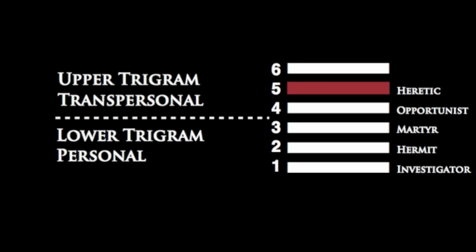But yeah, there's a lot going on with the fifth line. One of the keynotes of the fifth line is that it is the avatar or the general or the savior.